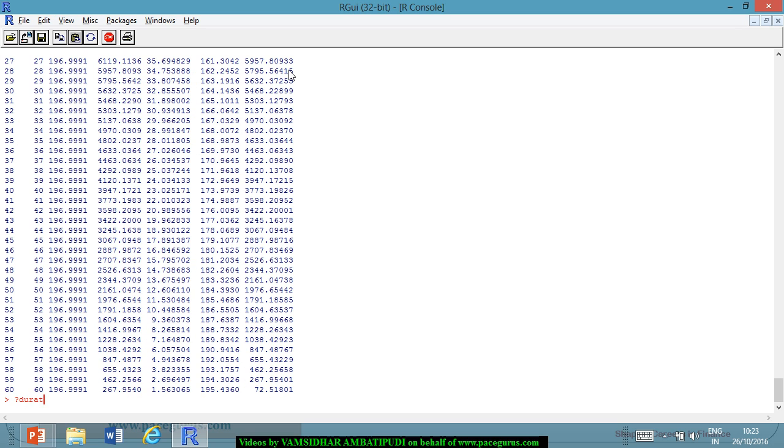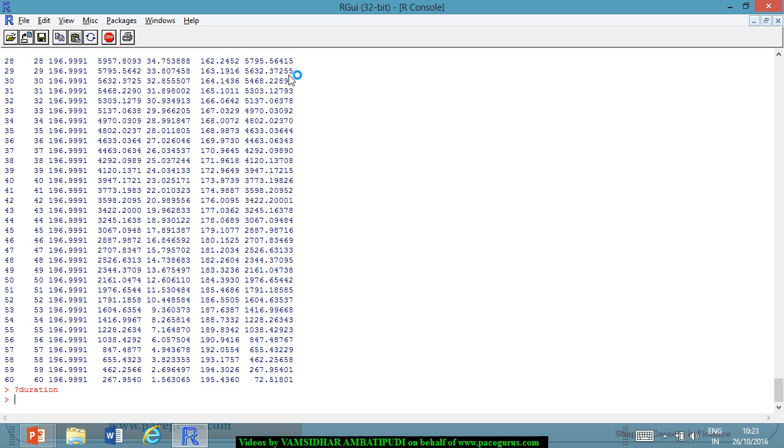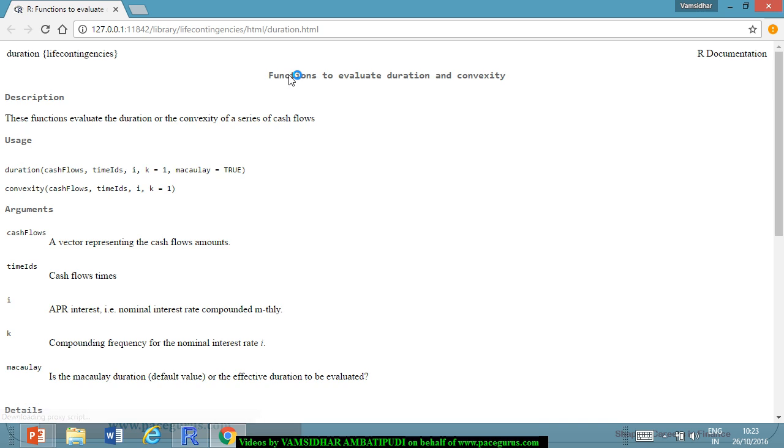So if you just type in question mark duration, you'll see that this function evaluates the duration or even the convexity of a series of cash flows. So when you are saying duration, I have to specify all the cash flows that I am going to get from this bond. I have to specify the time IDs that are going to come at different points in time.